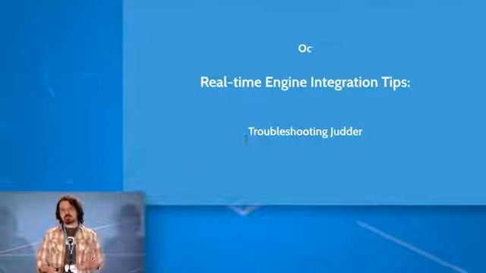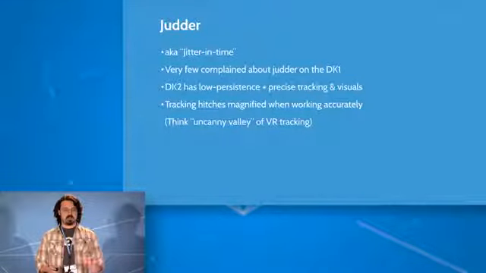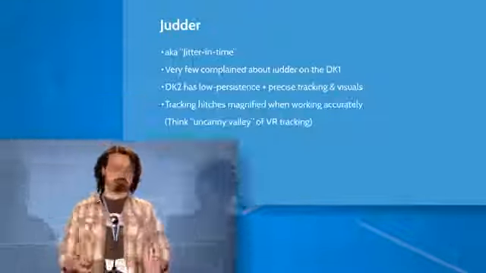Judder is one of those things that have come up time and time again, especially when you talk about the DK2. Interestingly enough, this wasn't really brought up that much with the DK1 users, partly because the DK1 had a relatively smeary screen, it didn't have the low persistence, and it wasn't as accurate as the DK2.